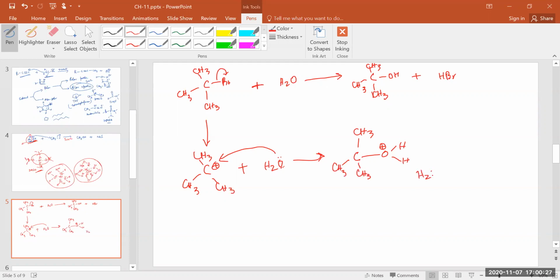Another water molecule will take the proton, and tertiary butanol will form. So this is the mechanism.